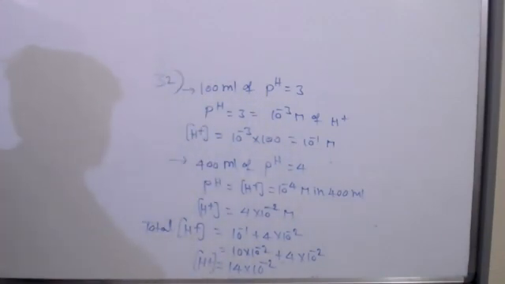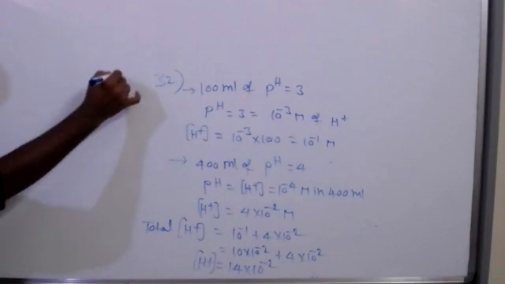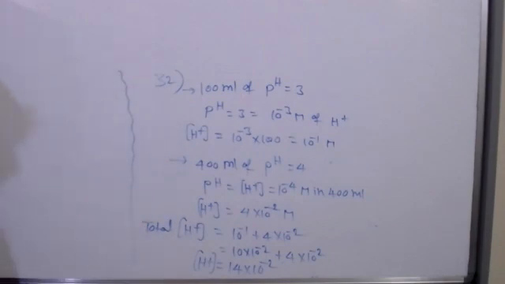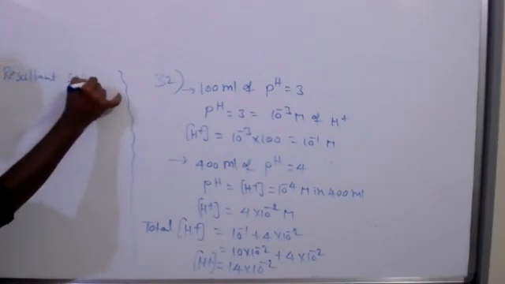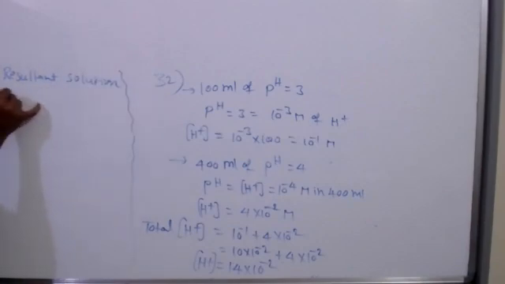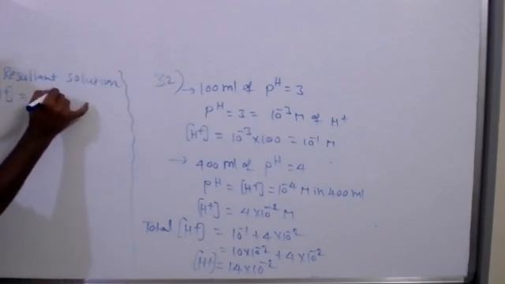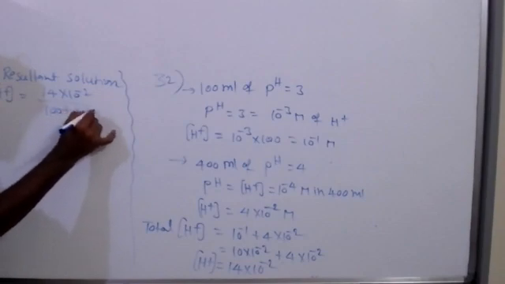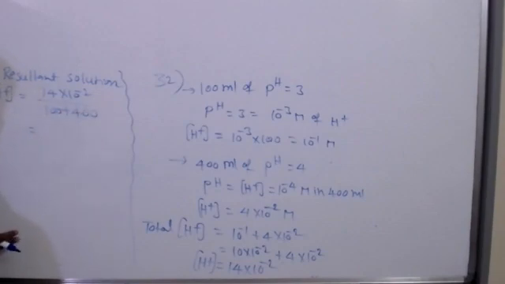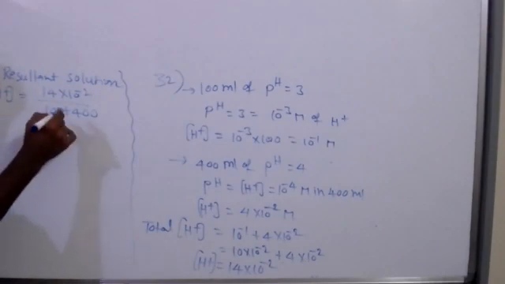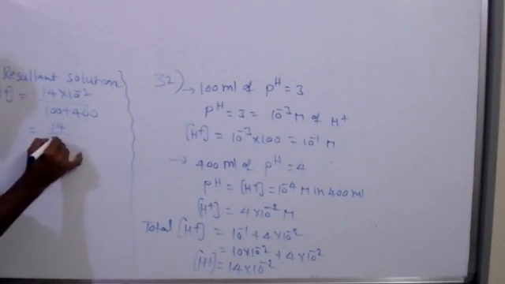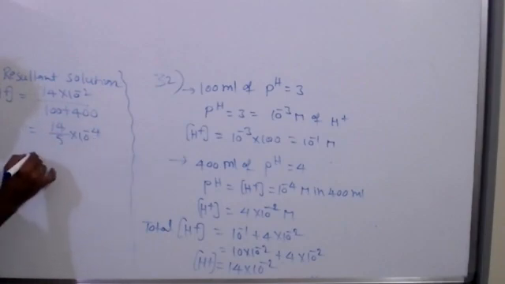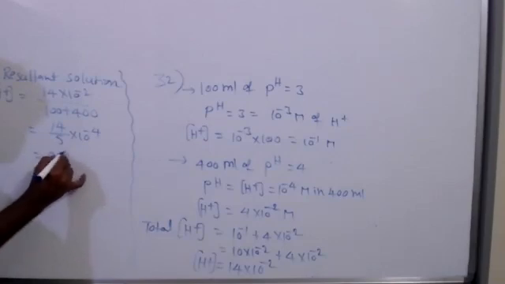Divided by total volume also we have to take further. Resultant solution H plus concentration is equal to 14 into 10 power minus 2 divided by 500, that is 100 plus 400. 14 divided by 5 into 10 power minus 4, that is 2.8 into 10 power minus 4.